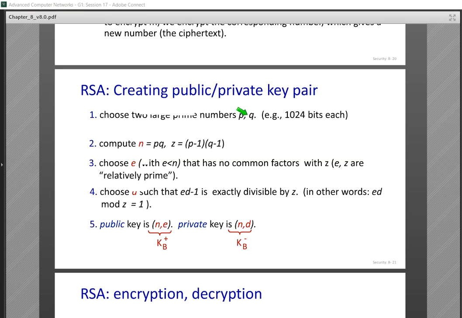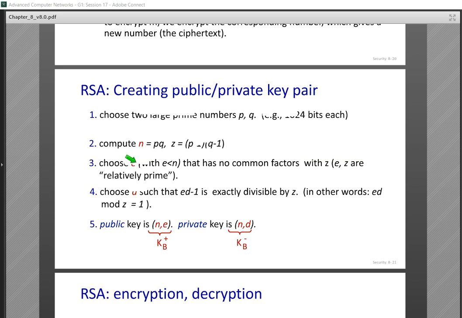And let's suppose those P and Q are as large as possible. For example, each of those values can have a size of 10 to the 4 bits. Okay. And we compute n as P times Q and Z as (P minus 1) times (Q minus 1).